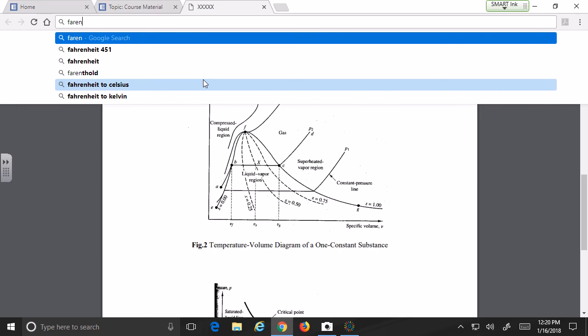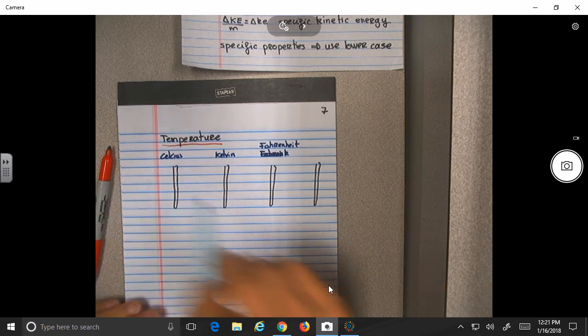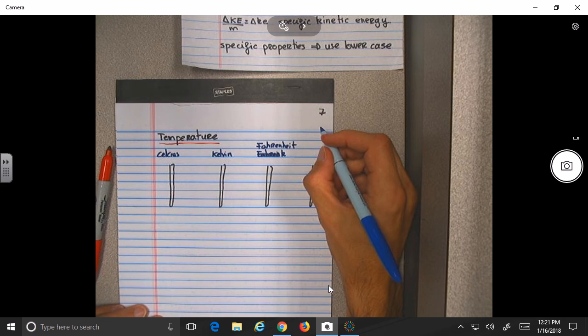It's an N and then, oh no, I put the H in the wrong place. Damn, it's 2H. Alright, so you see, Google is good, huh? Fahrenheit, and the last one should be what? Rankine.